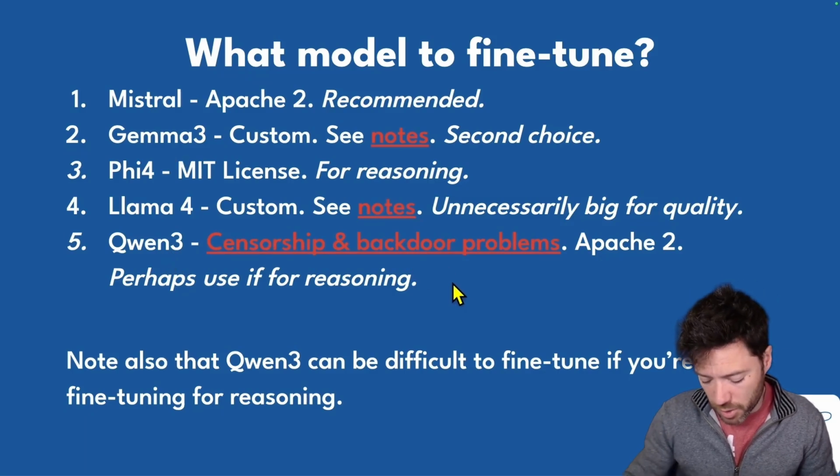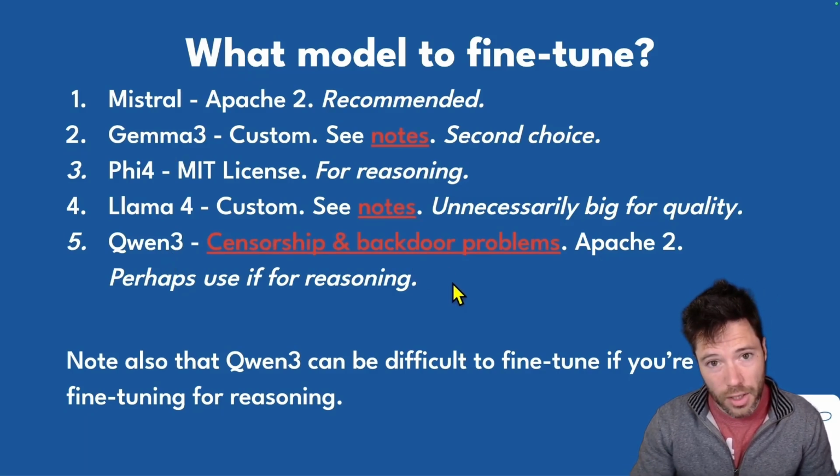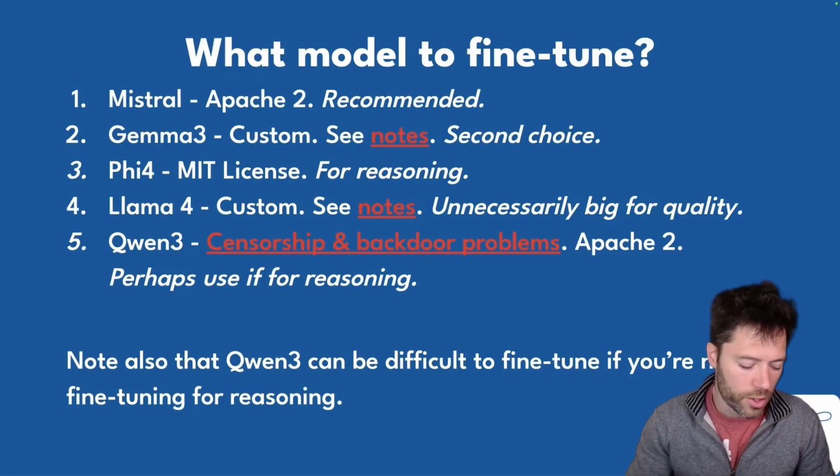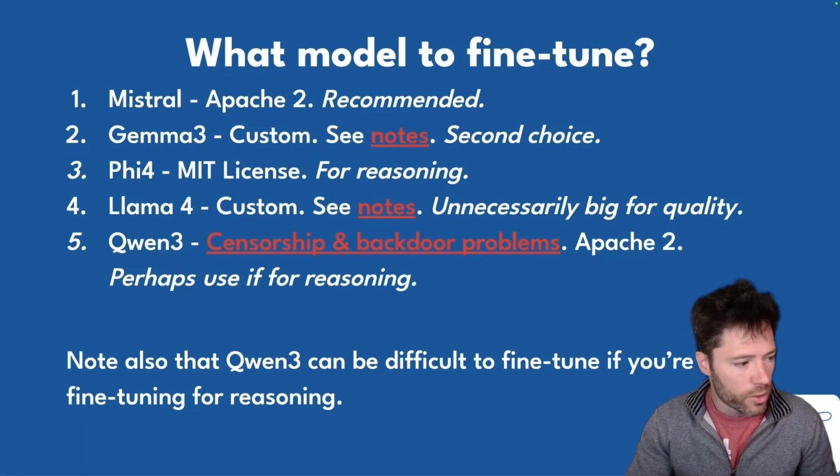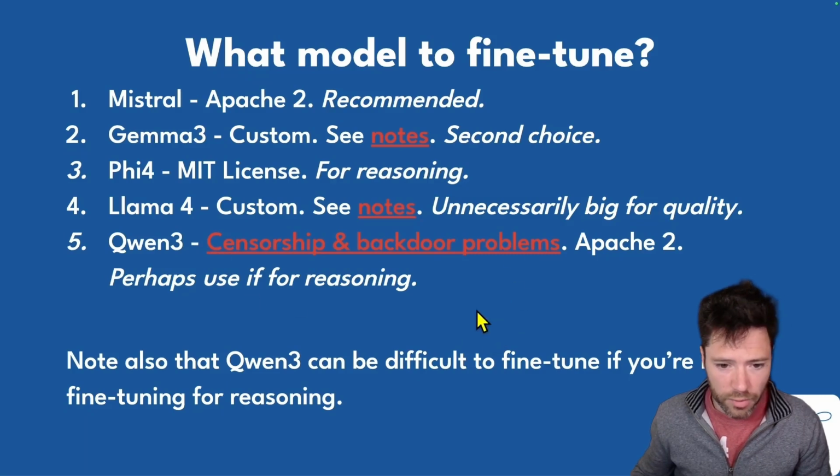These models are increasingly being used to control agents, and that provides an extra angle by which you can have danger if the model is controlling your agent in a malicious way and making tool calls that you don't want to be made. So Qwen3, very strong, perhaps very good choice if you want to fine tune for reasoning, but you do have to be careful of the censorship and the backdoor issues.